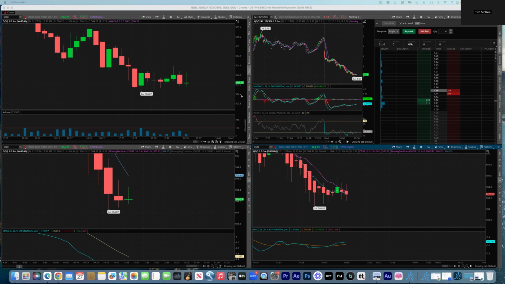All right, price continuing. Looks like it might be continuing down. Thought we were seeing the bottom here, but apparently not.